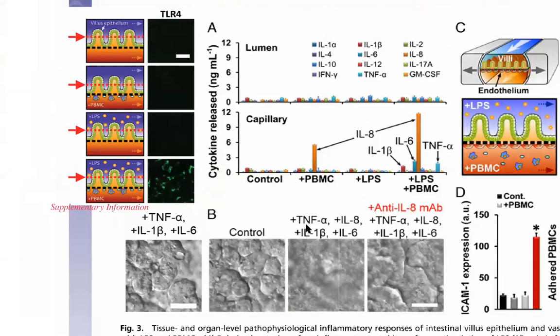So after this, we want to know which cells secrete these cytokines, because we know they are epithelial cells and they are PBMC, like the immune cells. So they first ran a qPCR. The result I didn't show in here.